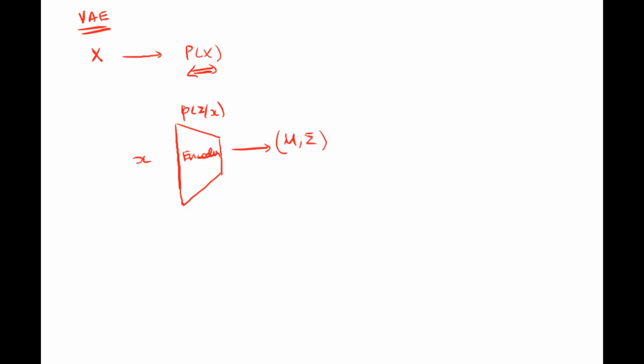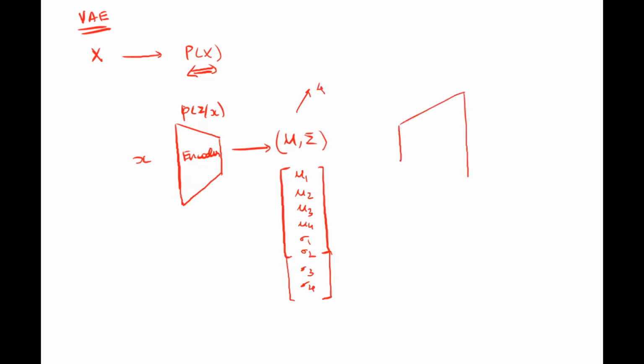So let's say my vector space is 4-dimensional. You can expect that we get an 8-dimensional vector, which describes that latent distribution. And the job of the decoder is to generate back the data given the latent vector, which is sampled from this distribution.